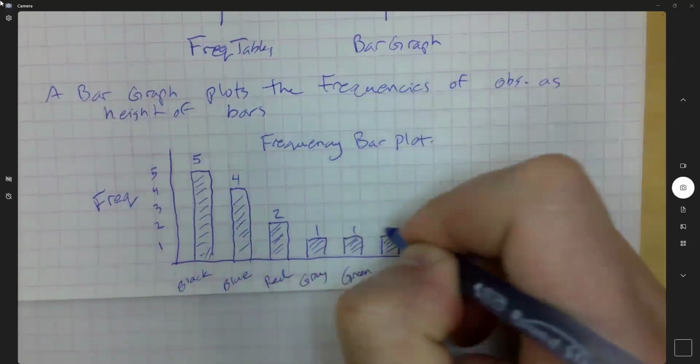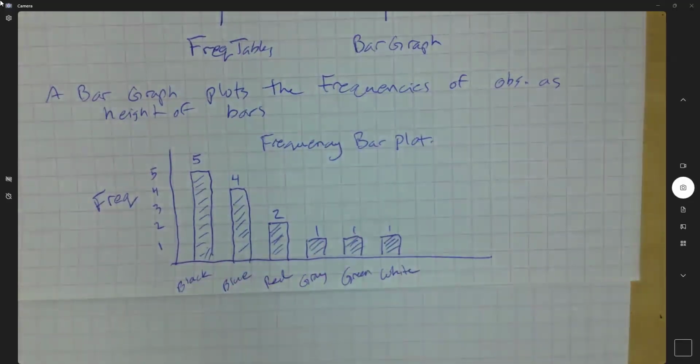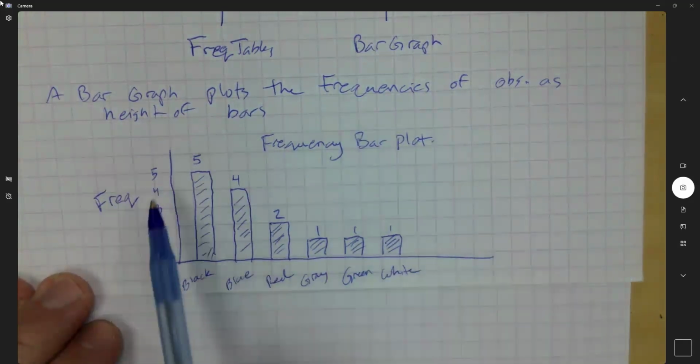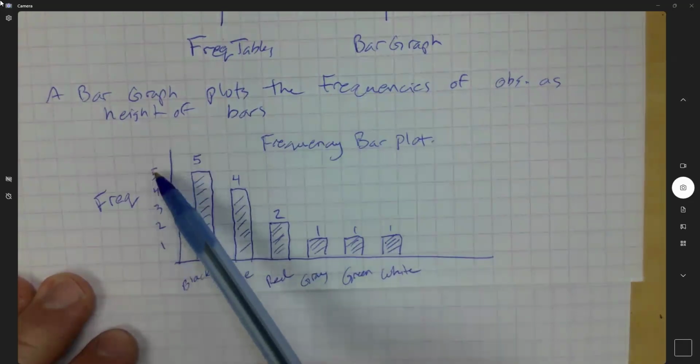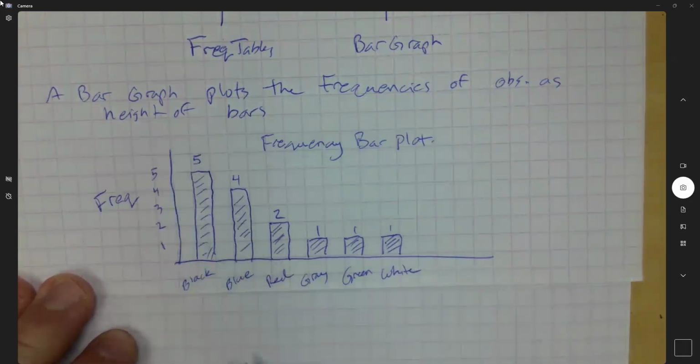Why not? Make it even easier for the person. If they want to know that red is twice as much as gray, they can look at it. But if they want to know the exact answer, they have that there as well. So this is a pretty darn good done-by-hand bar plot, one that includes labels on the bars and definitely includes units on the vertical axis.